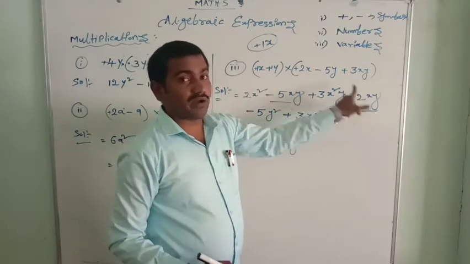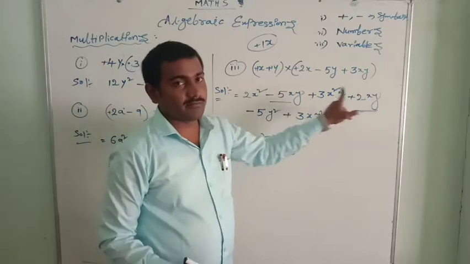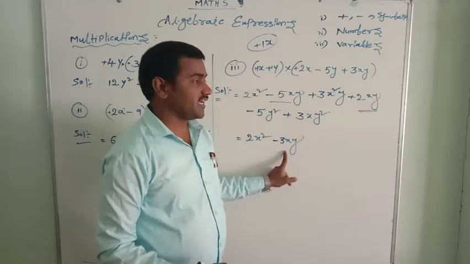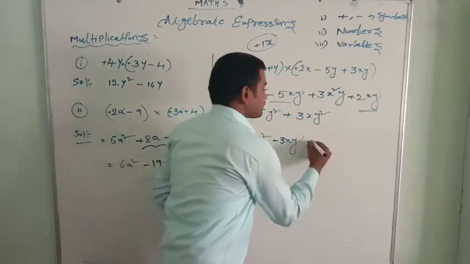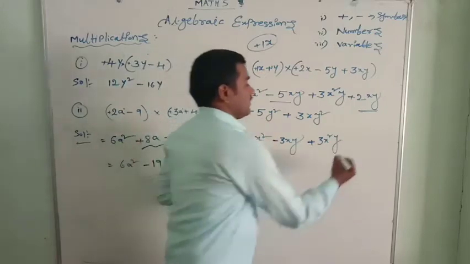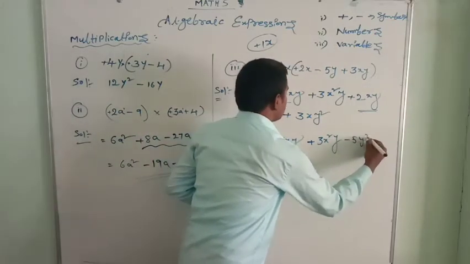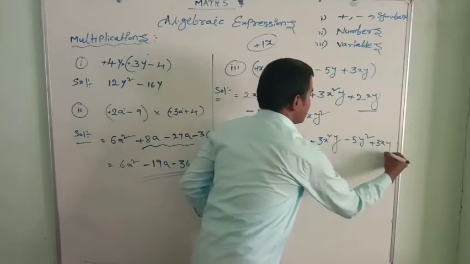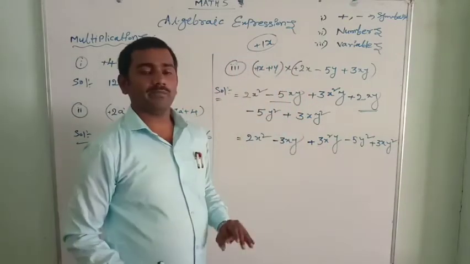Plus 3x square y, minus 5y square, plus 3xy square. This is what we get.